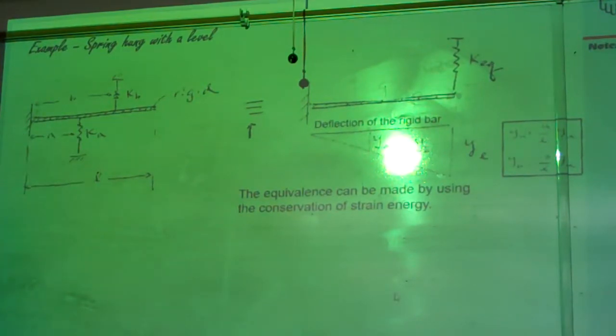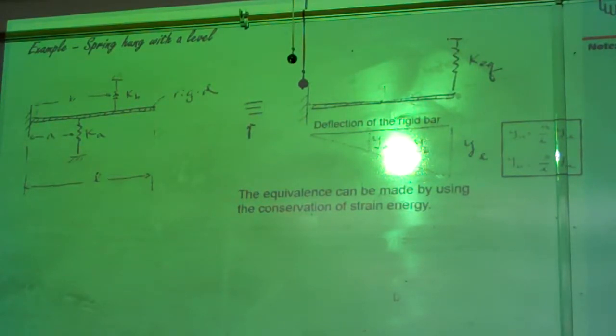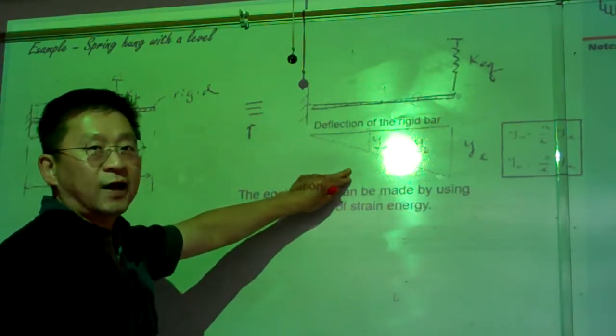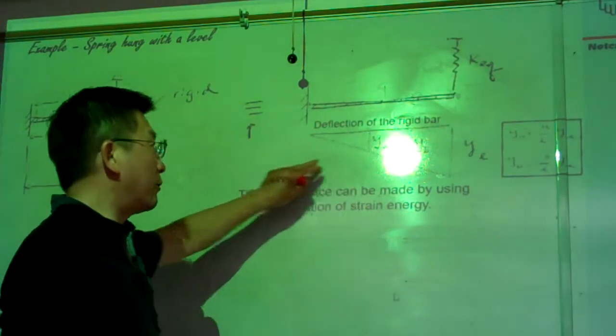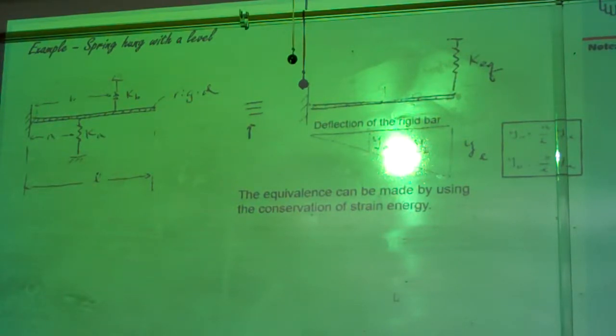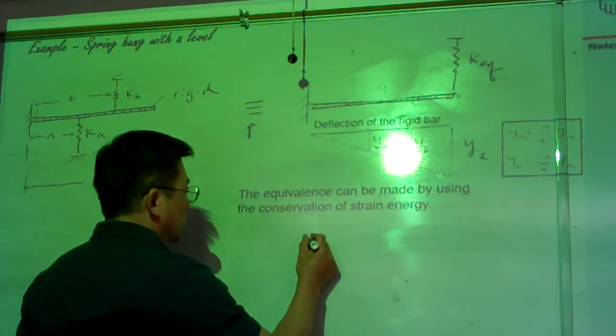The first way is using the conservation of the whole strain energy. The equivalent system deforms such that its equivalent strain energy must be equal to the original one. We're using this principle.